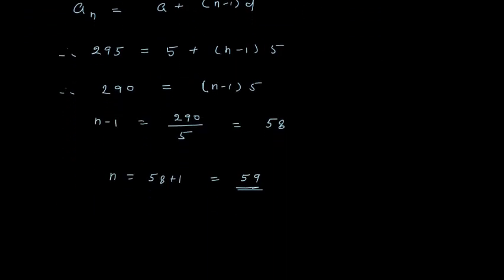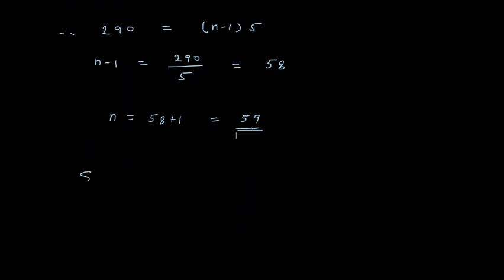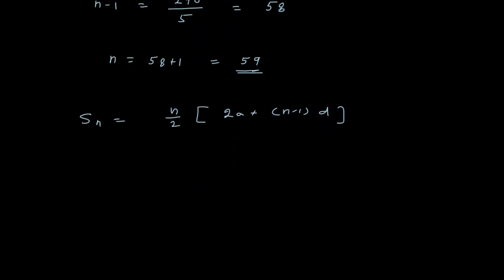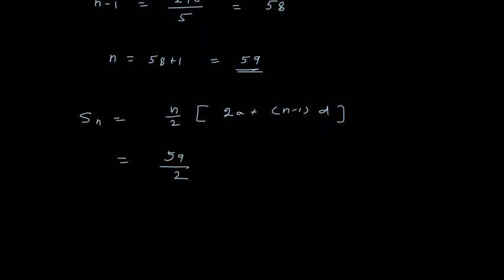Now I got the value of n, and now we have to find Sn. The formula for Sn is n divided by 2 into (2a plus (n minus 1)d). So Sn will be 59 divided by 2 into (a is 5, plus n minus 1, so it is 58, into the value of d, which is 5).